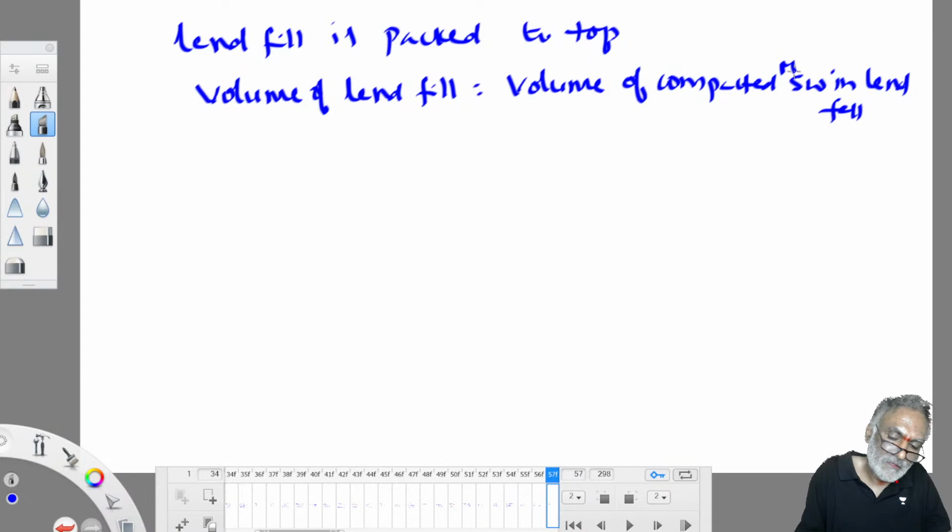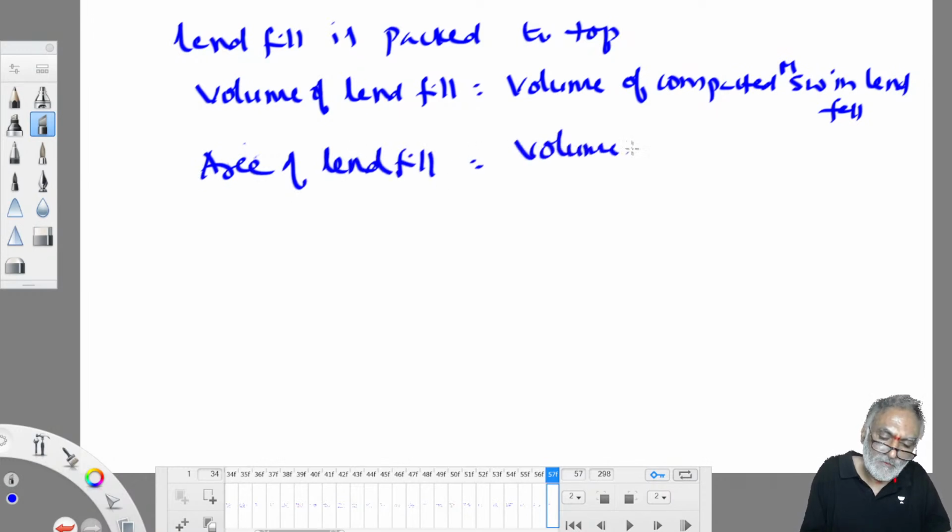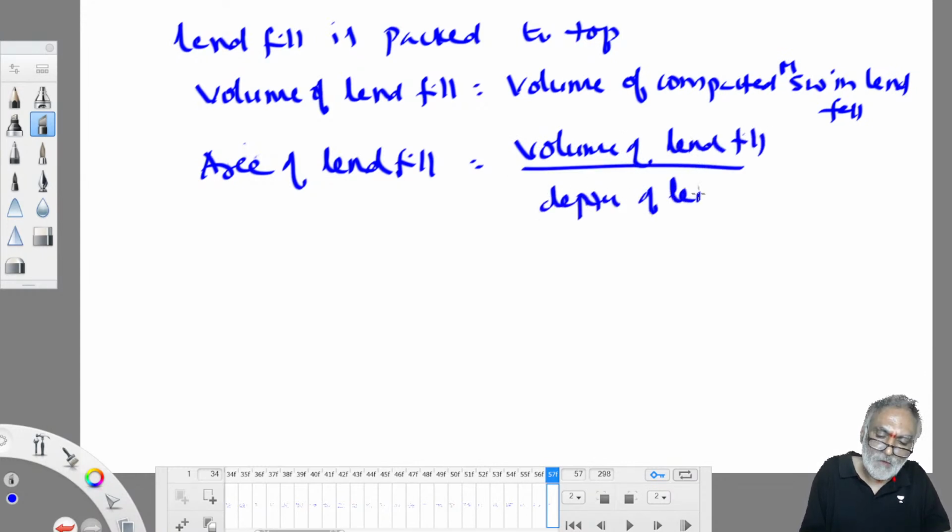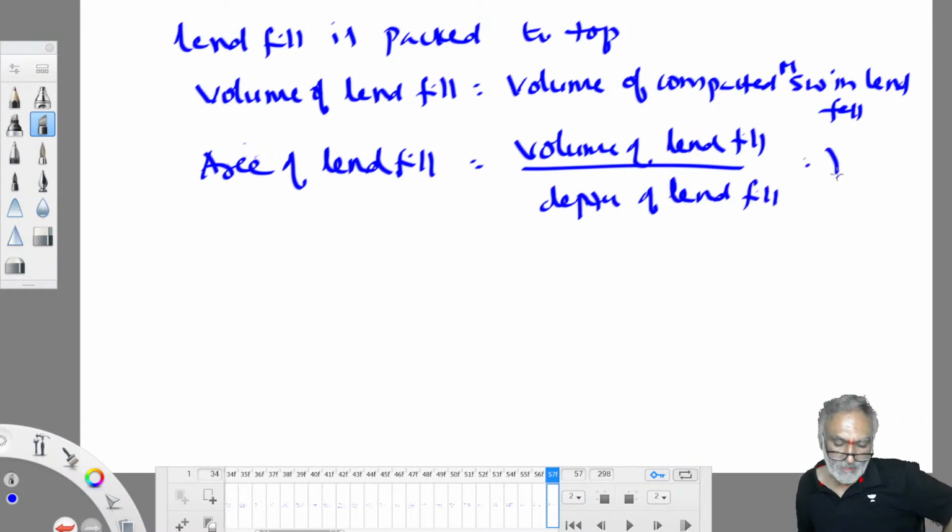And MSW in landfill. Okay? Then volume is known to you, then depth of landfill will be given to you, then you can find out area of landfill. That is what is called design. Area of landfill is equal to volume of landfill by depth of landfill. So using common sense you can work out. You don't require much engineering for this. This is how we can design landfills.